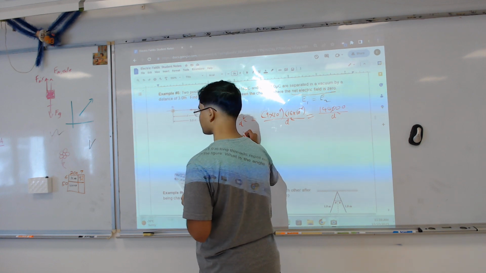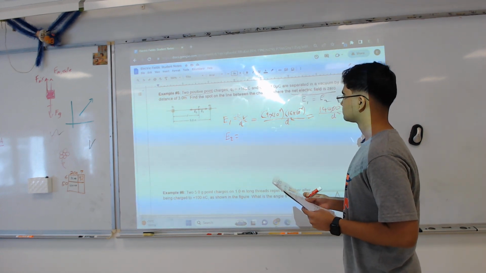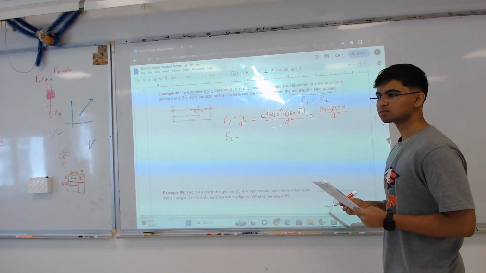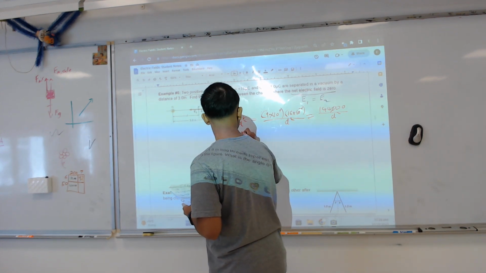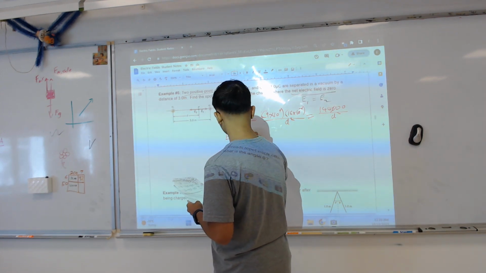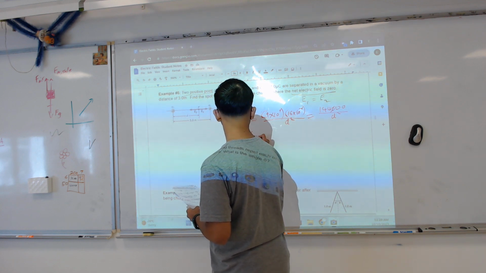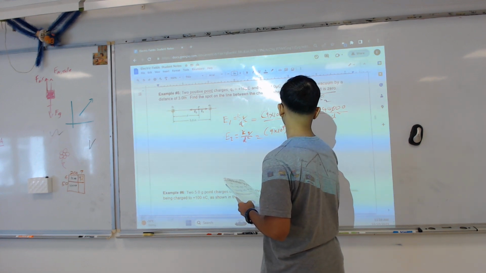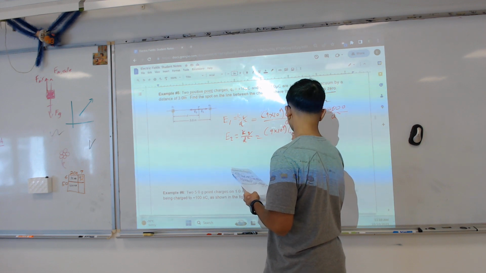Why can't you use the 3 meters for the d? You don't know the d. Oh, that's what you're trying to find, where exactly. They've defined d for us, so he was exactly right to go ahead and use that d. d is the distance from charge 1 to that point, wherever it is. And he's using the variables that they gave, which is what you should do.